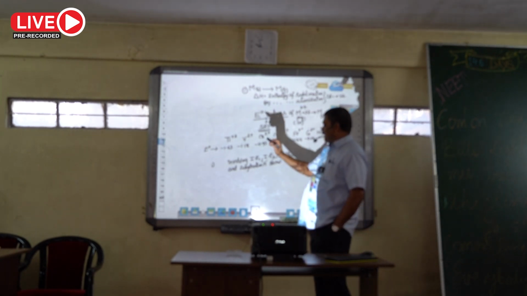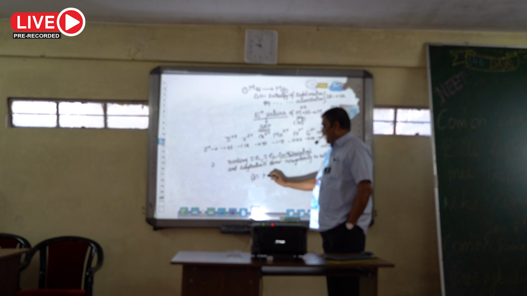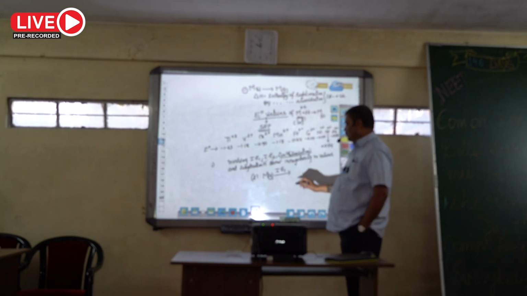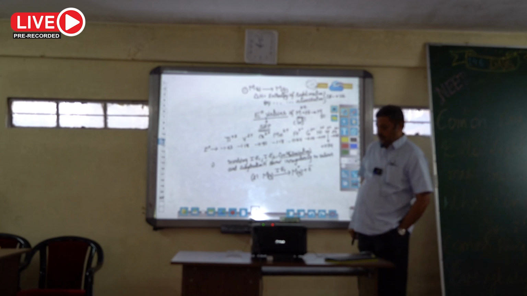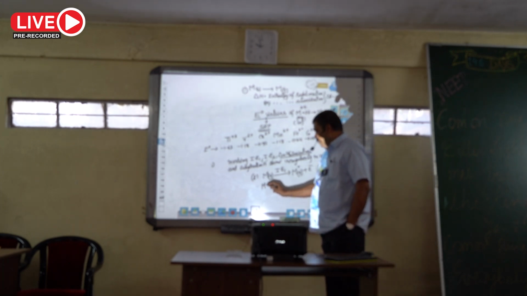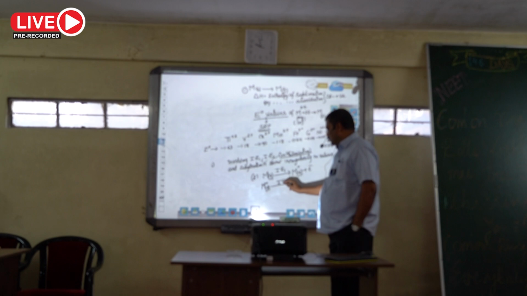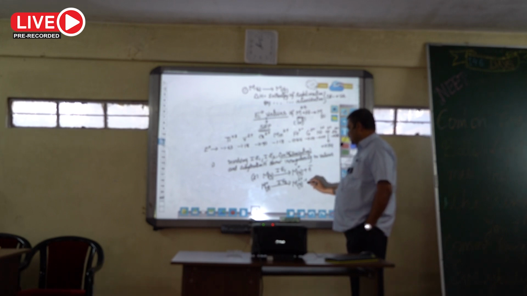What is the second energy change? To this M gas, you have to supply first ionization energy, IE1, so that it loses an electron and converts into a uni-positive gaseous ion. Now this M plus gaseous ion is supplied with IE2, and you will get M2 plus gaseous ion plus electron.